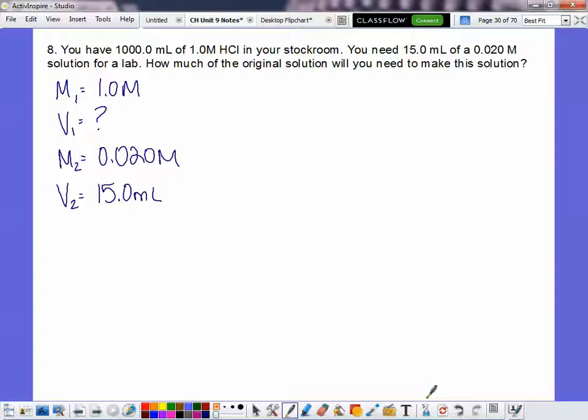V1 is what we're solving for. 1,000 milliliters is just the amount of that 1 molar solution that I have available to dilute from. Okay? Like I said before, you're pretty much always going to be solving for V1. So when we rearrange this formula to solve for V1, we get M2V2 over M1. Plug in what we have.